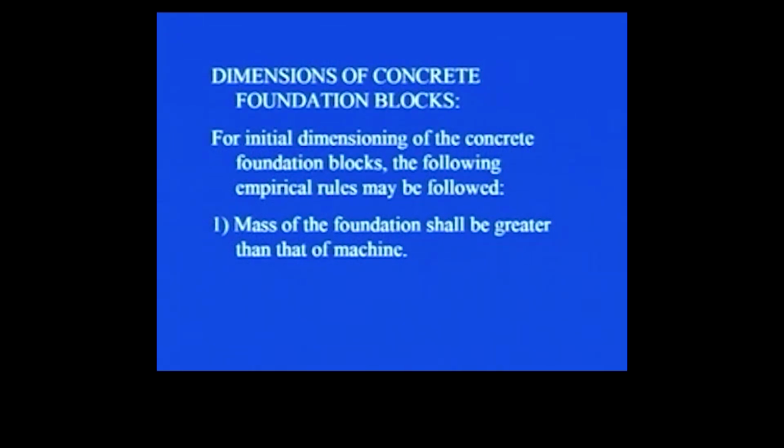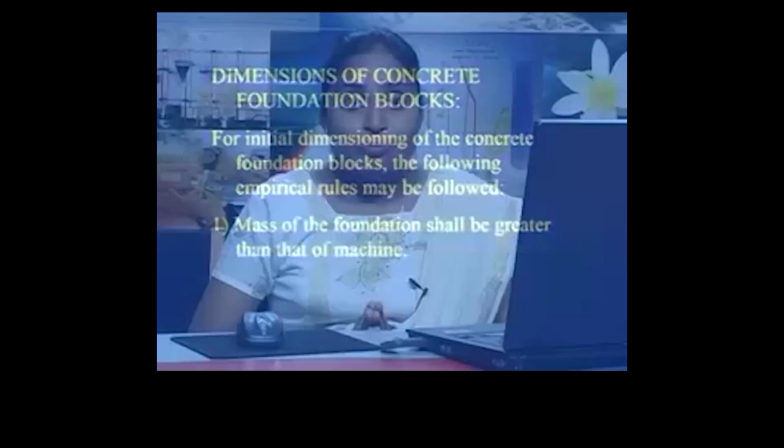So, for initial dimensioning of the concrete foundation blocks, the following empirical rules may be followed. See, these are not the hard and fast rules. The IS code of practice has been constructed in such a manner that it comprises the experience of different research works which have been carried out in that particular area, plus the experience of various practitioners, engineers, and then their engineering judgment.